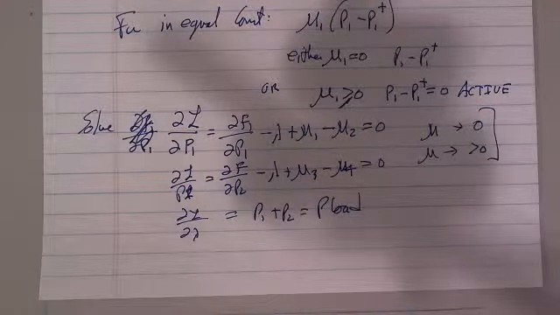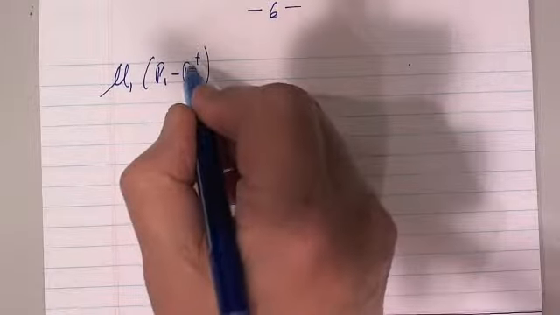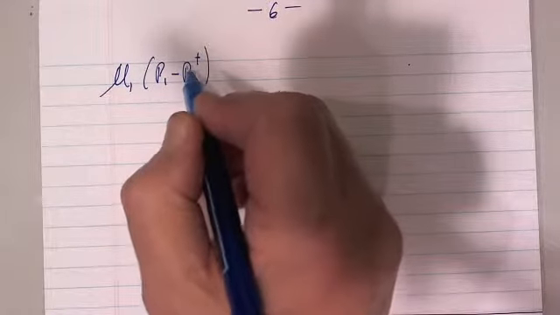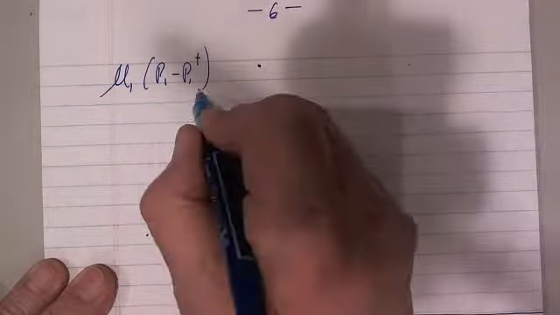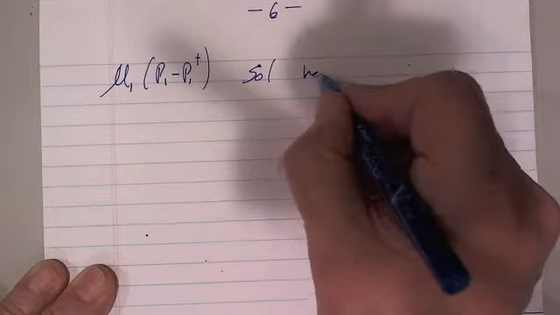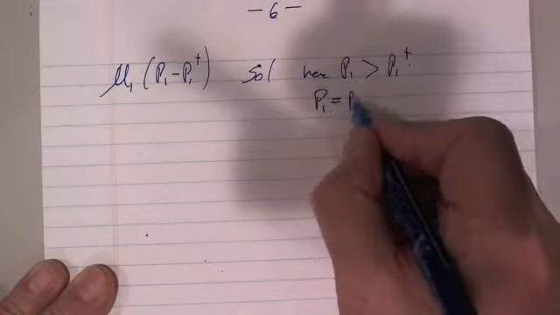Okay, so what I want you to do in the homework is as follows. You're going to solve, let's say that the one generator came out at its upper limit. It's actually a lower limit, but I want to use the upper limit for this example. So if the solution has P1 greater than P1 plus, then I'm going to force P1 equal to P1 plus.